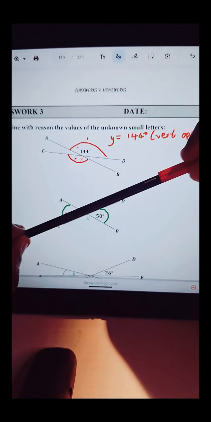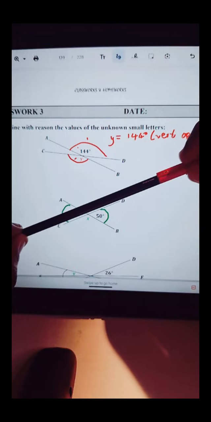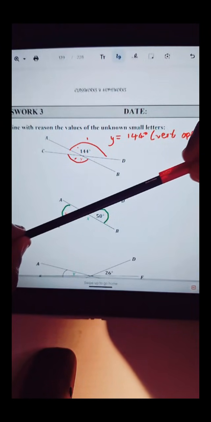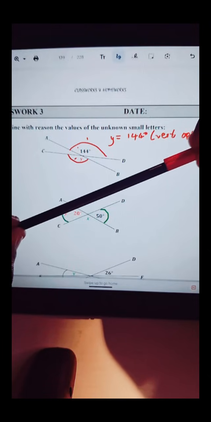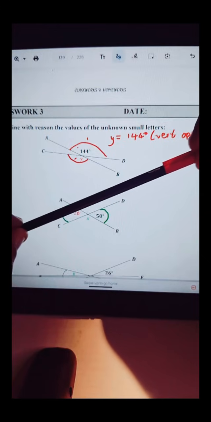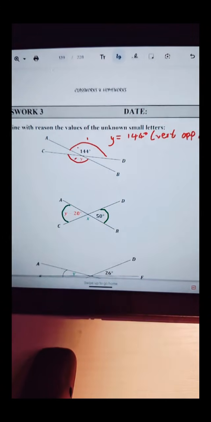It's x and 50. Do they complete that line? Yes. X starts from the other side of CD and goes all the way to AB, then 50 degrees picks it up from AB all the way to CD, you see? So basically, x and 50 are angles that lie on a straight line. So you can add them together: x plus 50. Very good, Bendulo, 100%.